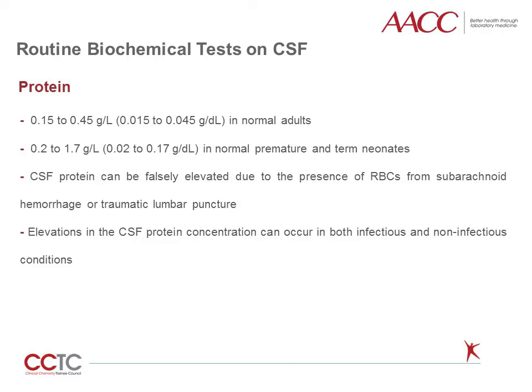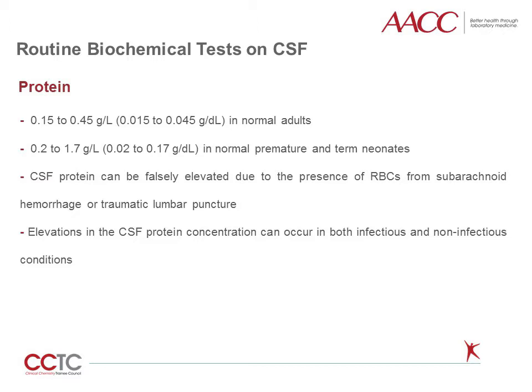Elevation in the CSF protein concentration occurs when inflammation compromises the blood-CSF barrier or in conditions when proteins are synthesized locally. CSF protein elevations may persist for weeks or months following recovery from meningitis and have little utility in assessing cure or the response to therapy.